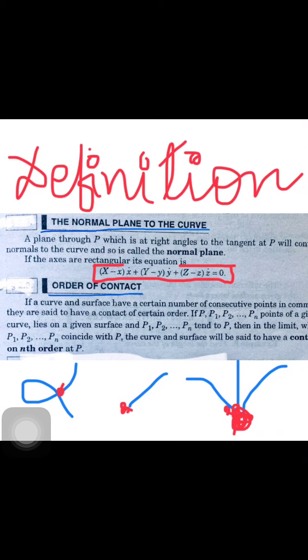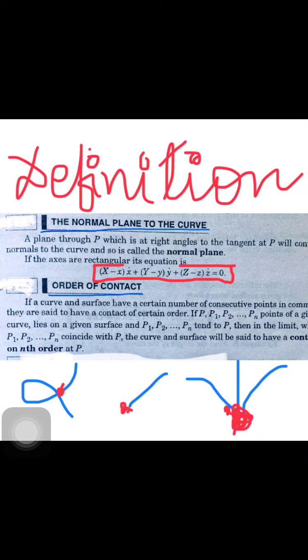Here you are seeing some diagrams in blue. The red dot is any point P on the curve. In the first diagram, the red point has two arcs passing through it. In the second diagram, the red point has only one arc. In the third diagram, the red dot has three different curved lines passing through it.